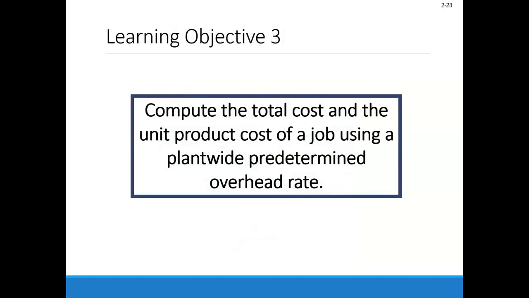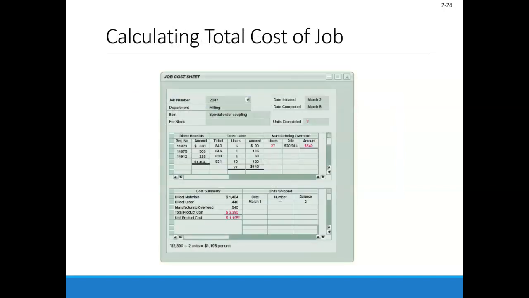Compute the total unit cost using the plant-wide rate. The plant-wide overhead rate was given. We take that times our actual direct labor hours to come up with what we're applying for the manufacturing overhead. Okay?